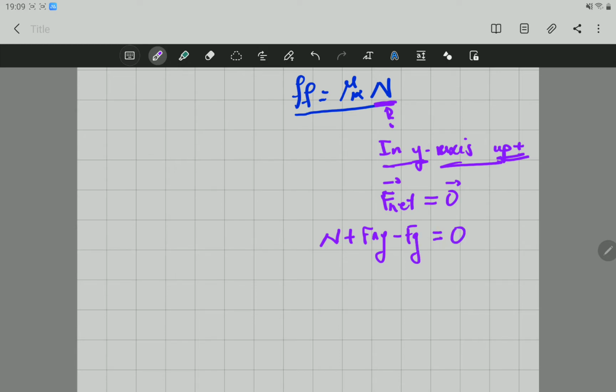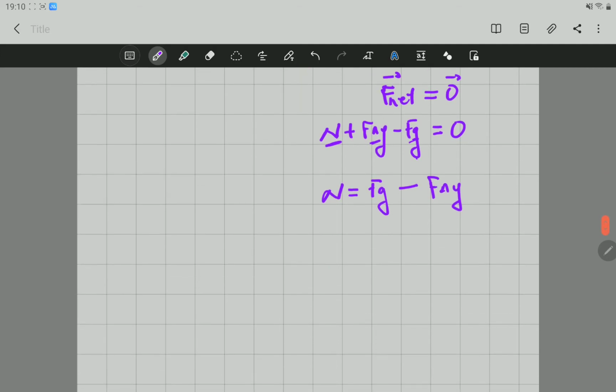We are looking for normal. Don't forget that one. So we can substitute the formula for the applied force in y and the gravitational force, and rearrange the equation. Normal is equal to gravitational force, going to the other side positive, minus the applied force in the y-axis.